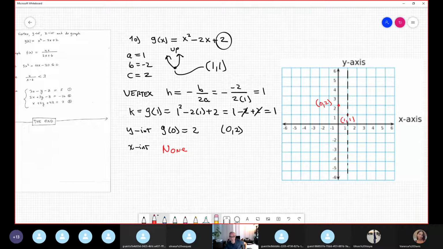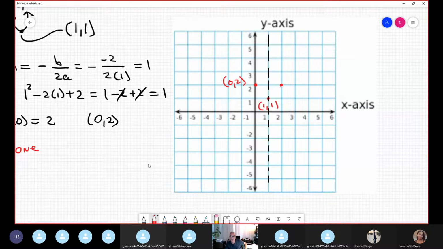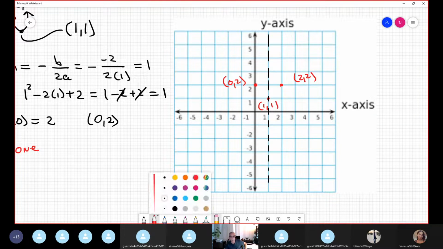Using our imagination and common sense, we get another extra point here using the symmetry property, because it's the axis of symmetry, the same distance from the vertex. By the way, this point would be 2, 2, no? 2, 2.